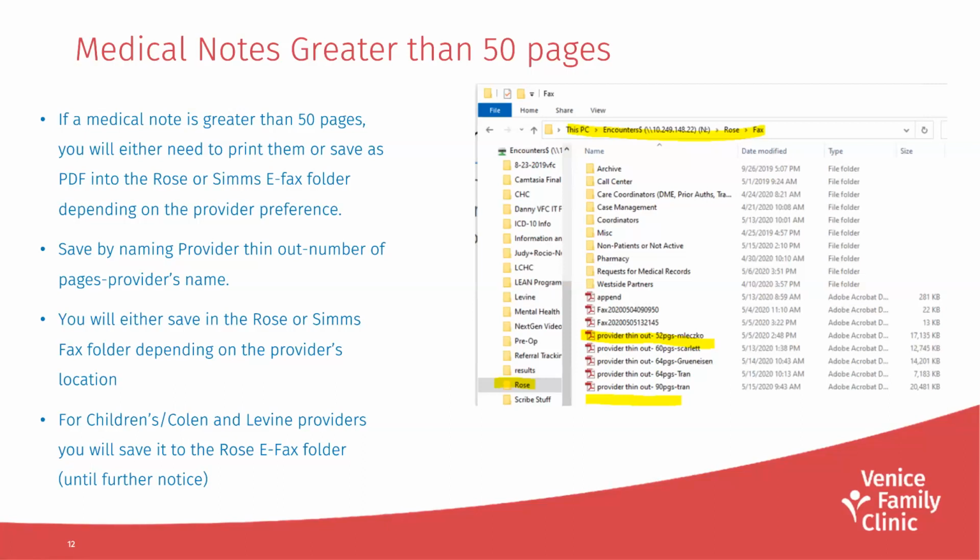Some providers prefer print, or some providers prefer email. So you'll save them by the provider's name and number of pages, and then you'll put them in the folder that is relevant to their site. For children's and colon and Levine providers, you will save it in the Rose fax folder until we get further notice of other instructions.